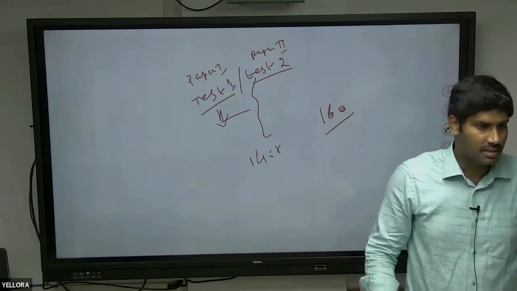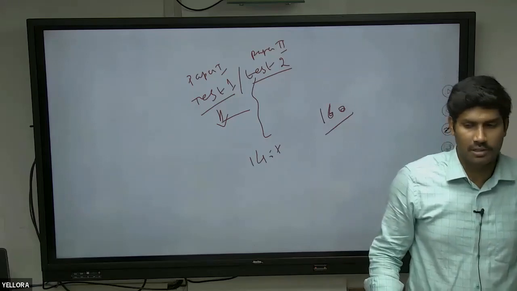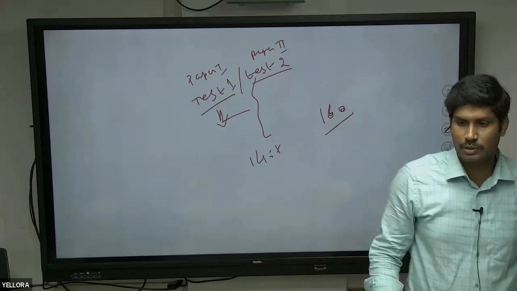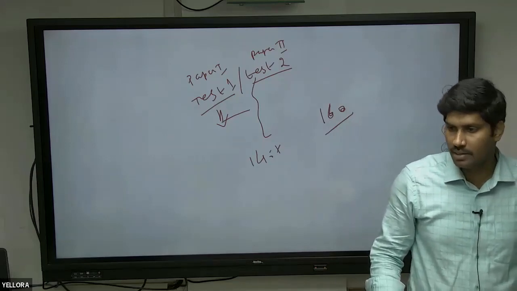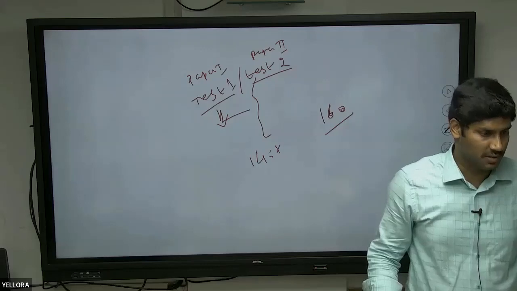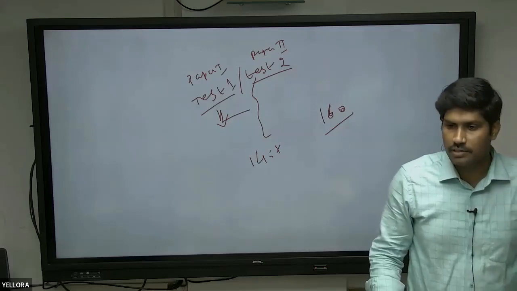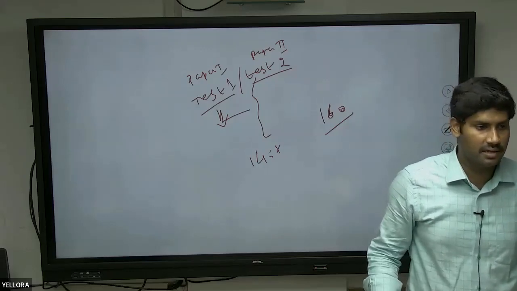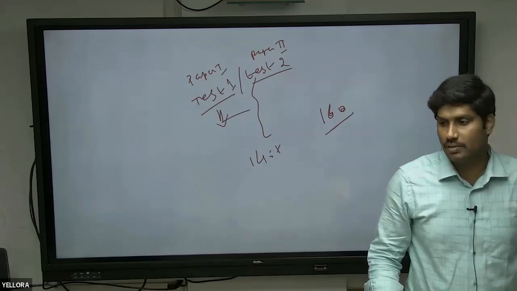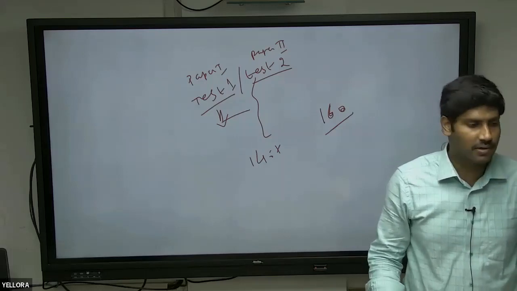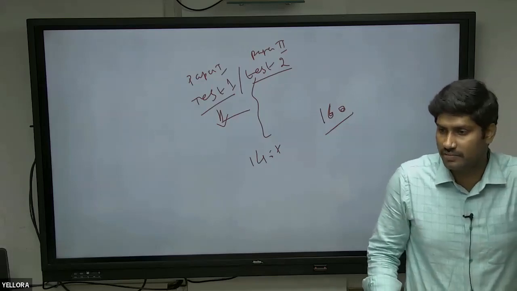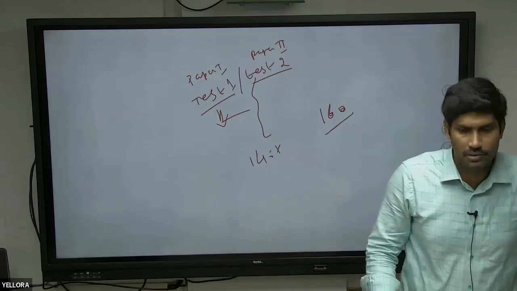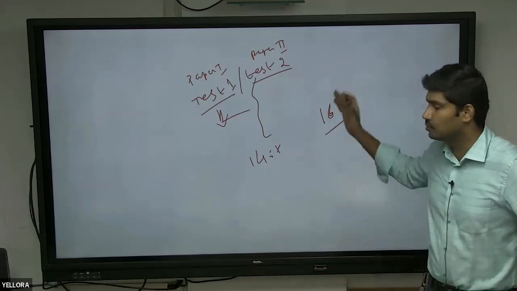Nowadays the average maximum score in the optional is around 270 to 280 only. 300 is not a very common score in the optional nowadays. If you touch 290, 300, then definitely you will get a rank for the service. You'll get an interview call, and based on your performance in the interview and GS, you'll get a service. So that's our target: crossing 290.